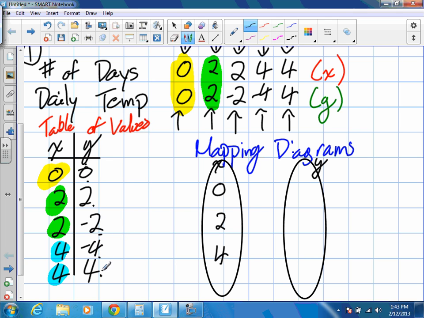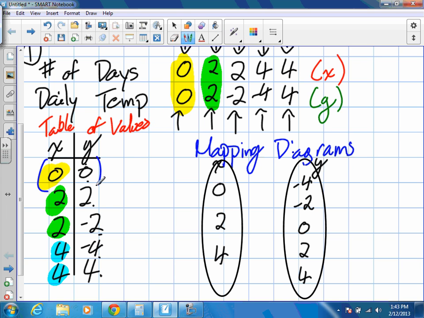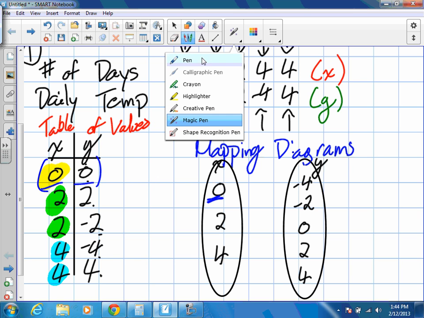So I'm going to put them in order. Should be negative 4 first. None of them repeat, so I'm going to put each of them in: negative 4, negative 2, 0, 2, and 4. Now, we've got to figure out how they correspond to each other. In order to figure that out, we've got to look at how these are as coordinates. So this is technically a coordinate here, 0 and 0. So I know the x value 0, with an arrow, I'm going to represent what it goes to.